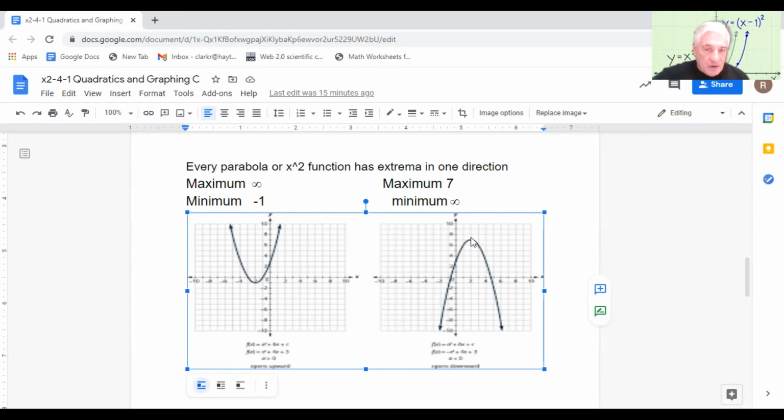If I told you that the maximum here was 7, and that the vertex, the origin of our parabola, was at (2, 7), and I gave you 3 or 4 more points down this side, you could kind of fake the curve. It's a parabola. If I give you like 5 points, you could fake the curve, just like the one behind me.